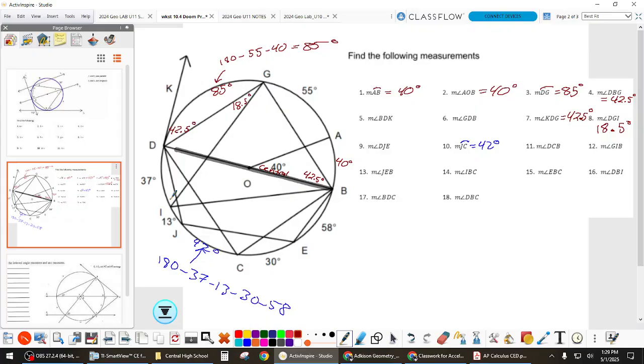Okay. And then since I happen to be up here looking at that one, how about that? Do these intercept an arc? Yeah, it's this arc right here. So what kind of angle is the red dot angle? It's still inscribed.